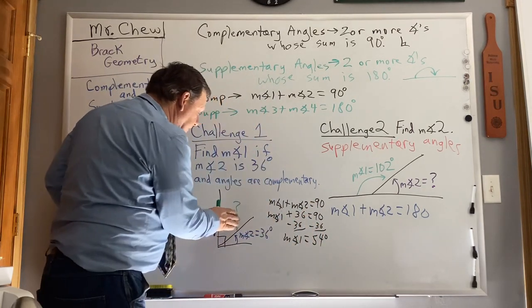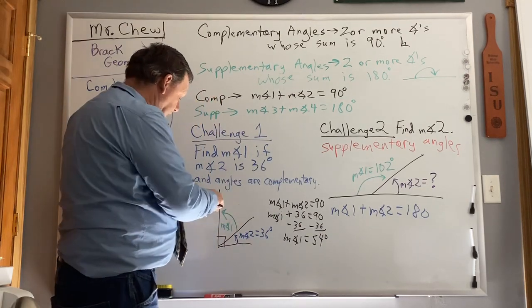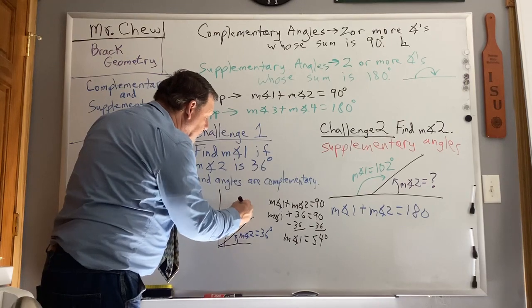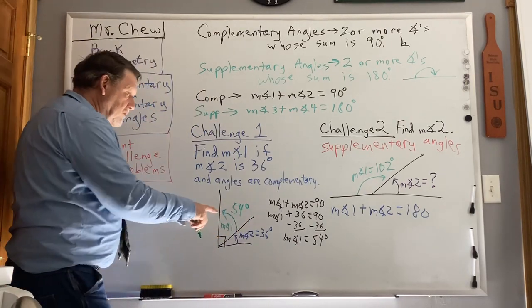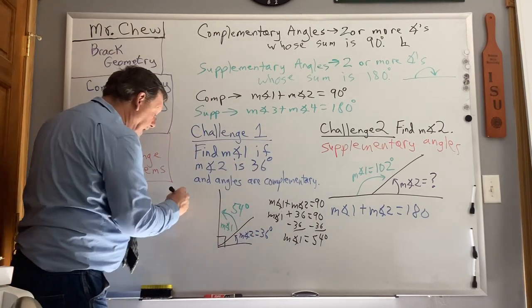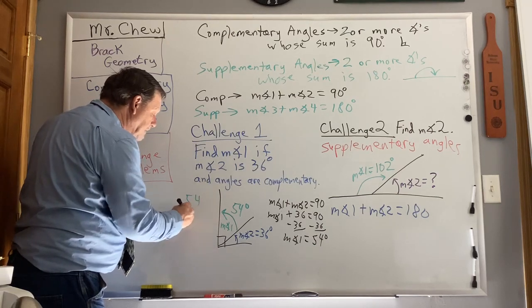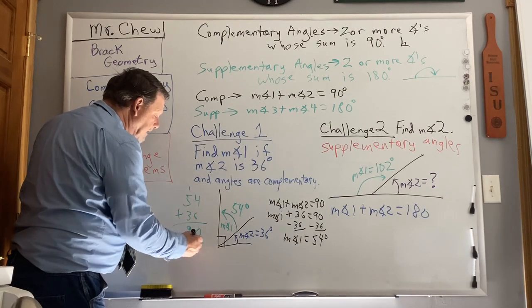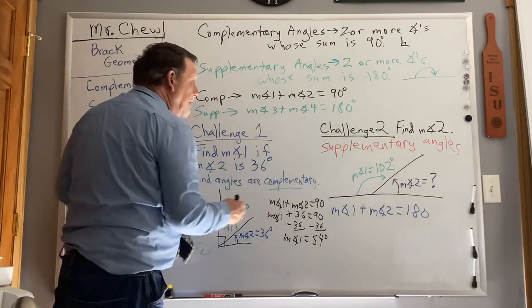So I know that this is a 54 degree angle right here. If your teacher asks you to check them, you just say, well, I'm going to take my two angles and add them up, and they're going to equal 90. And they do, so I know they really are complementary.